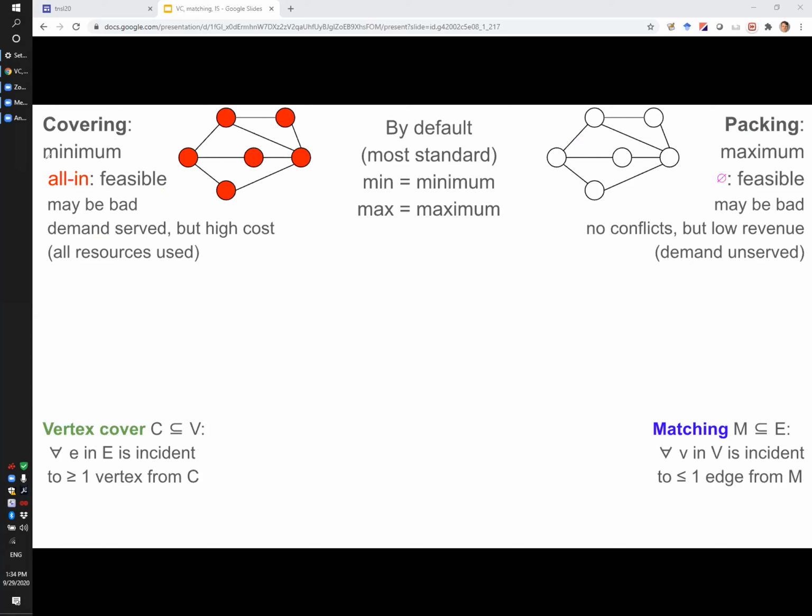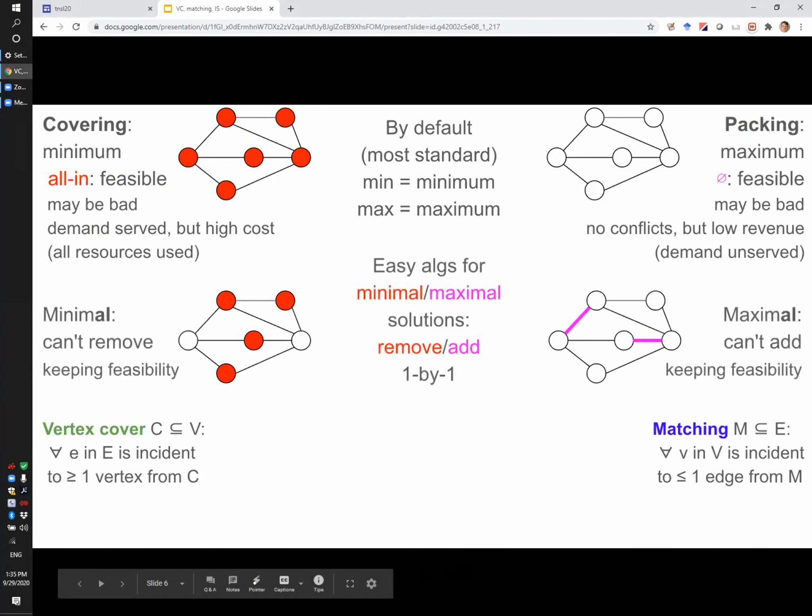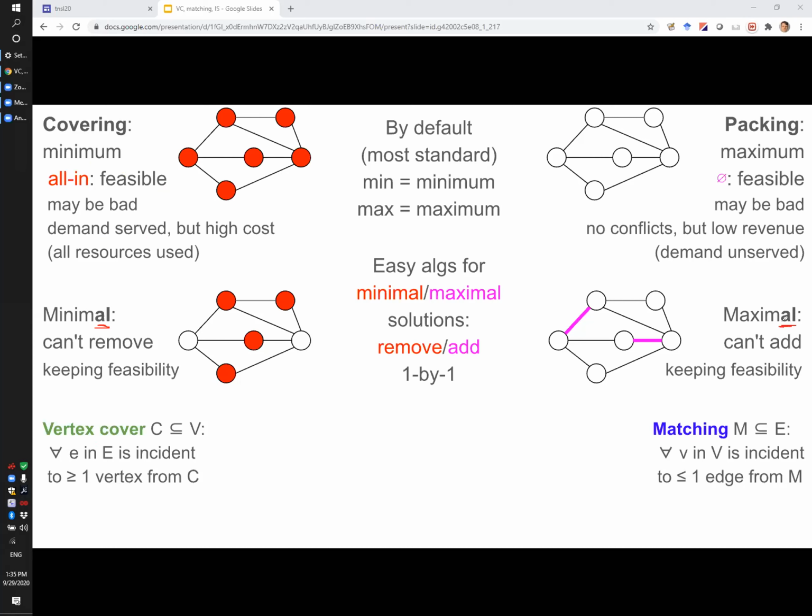And we are talking about minimum and maximum quite often. And very often we just say min or max. It's just the usual abbreviation to say that min means minimum, max means maximum. I'm sure you have seen it also outside of this course. Now, something that may be new to you is the notion of minimal and maximal.